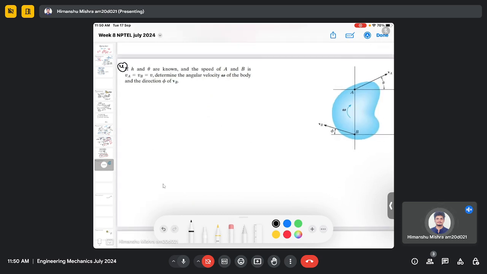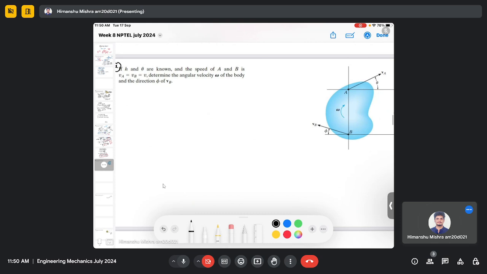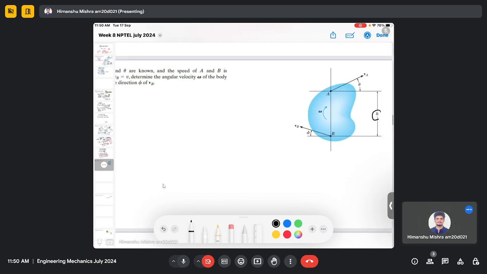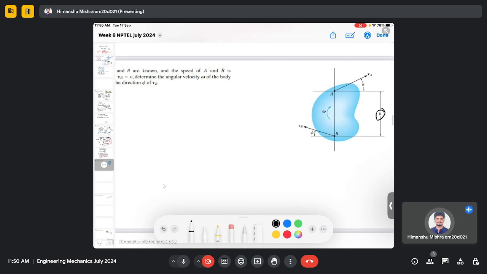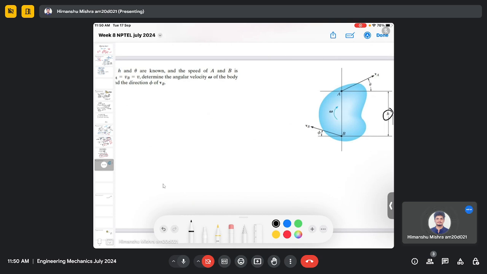So we will be starting with a very standard problem. Here we have given h and theta, which are known quantities, and we have given the speed of A and B, which is v.